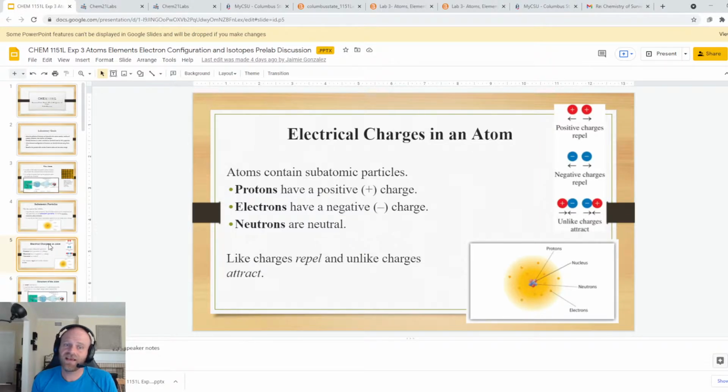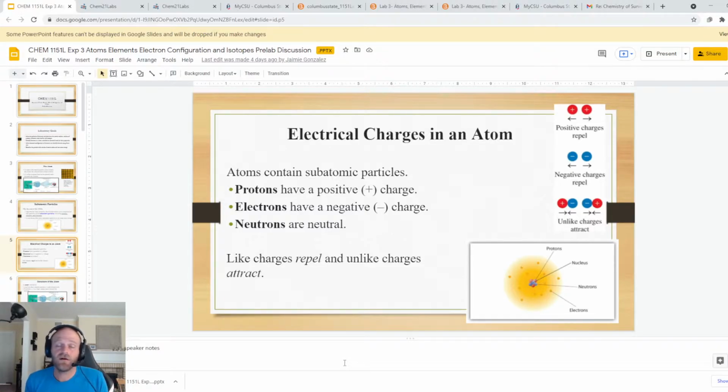Okay, so every extra electron will create a -1 charge. Every extra proton will create a +1 charge. So if I have 2 more protons than I do electrons, then my atom will be +2 charged.